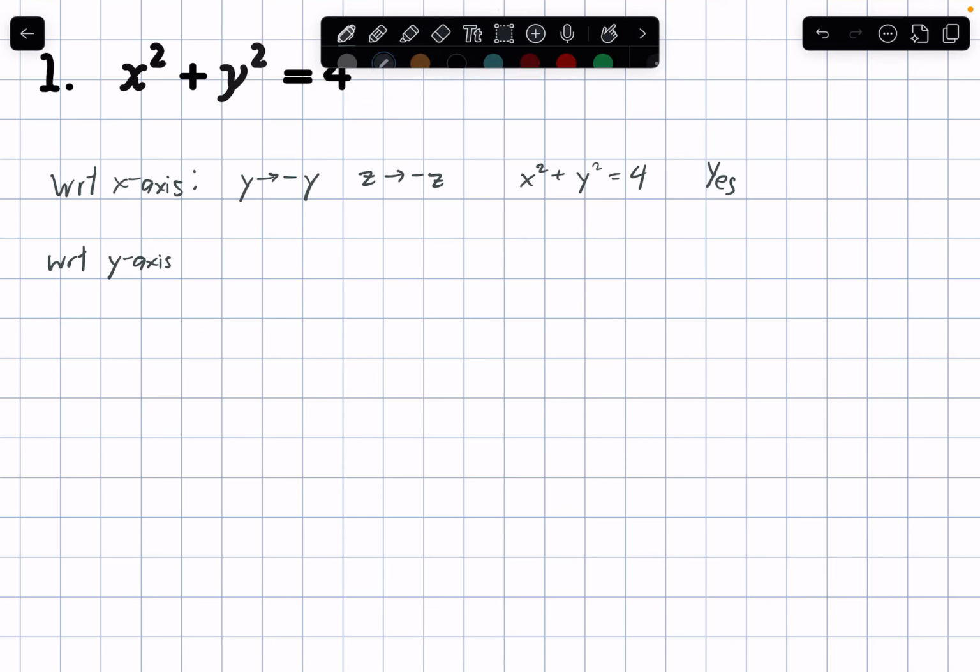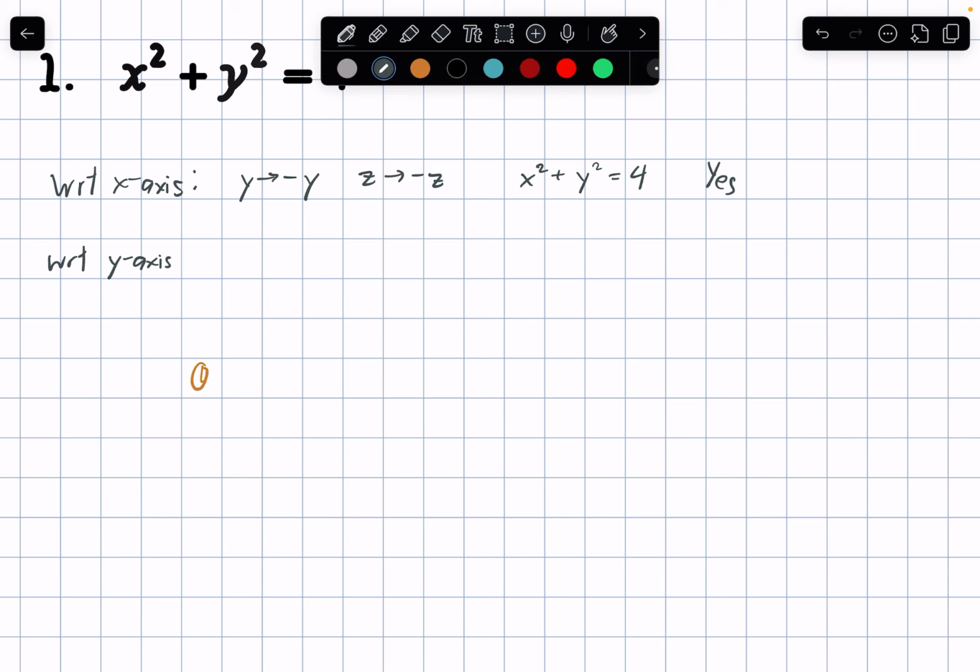Okay, so let's answer some questions on surface tracing. Generally, if you are given something like this, you have to do the following.